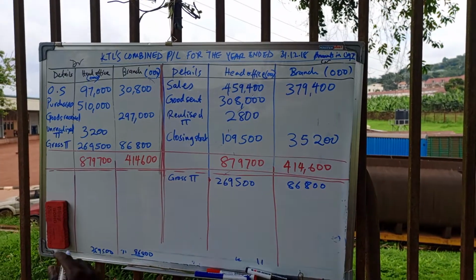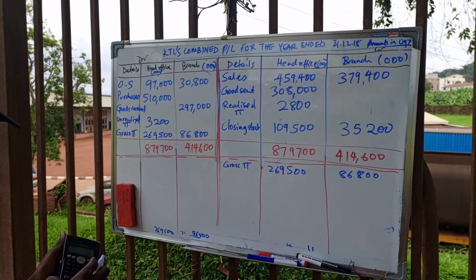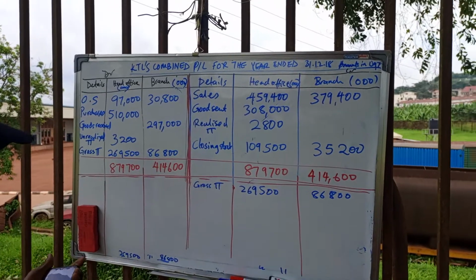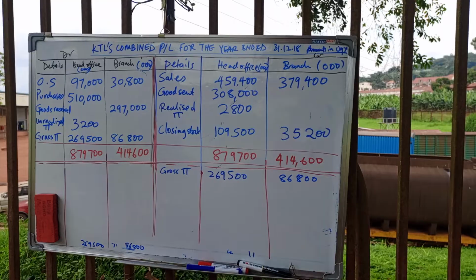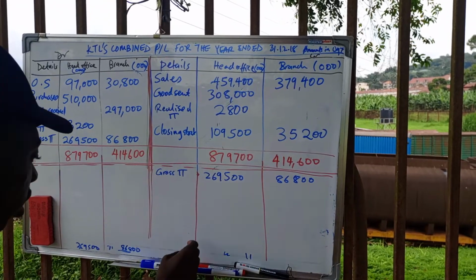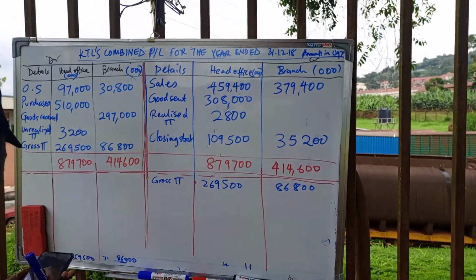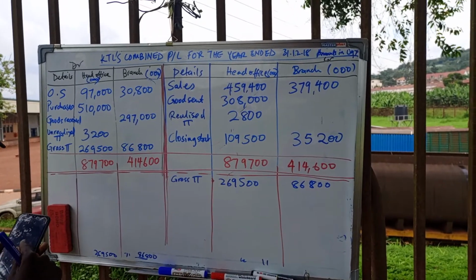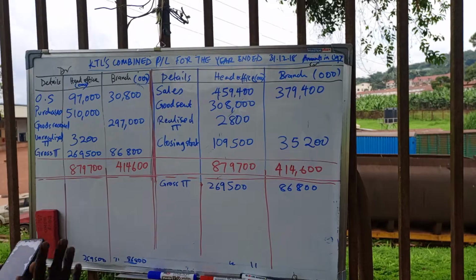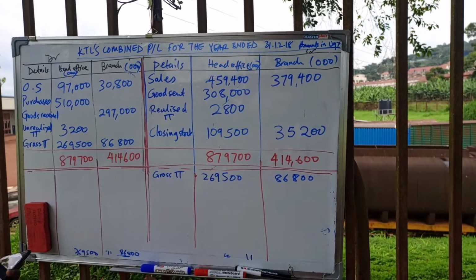Then remember, to gross profit you have to add on other incomes. You check whether there is any element relating to other incomes in your trial balance. In our income statement, after getting gross profit, you add on other incomes. When you check your trial balance, you see that you have a profit and loss account, some profit that wasn't recognized. So here you have to recognize it under other incomes.